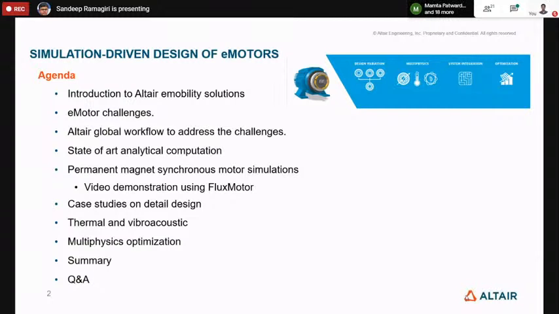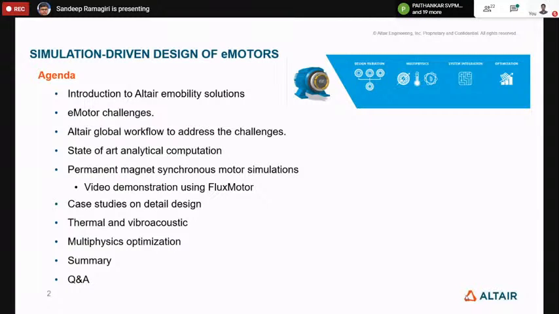Then we will talk about the Altair global workflow to address these challenges, in which I will show you how to set up the model for the PMSM motor. We'll also talk about the state-of-the-art analytical computation, basically the equations that are used to compute the sizing or the structural data of the motor.